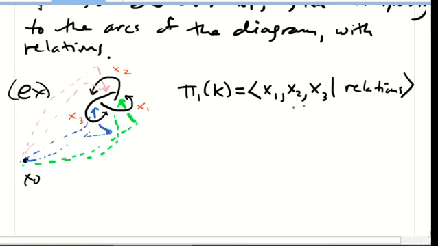I haven't gone over the generators and relations section yet, but basically this means that everything in this group is a sequence of these three symbols with their powers, positive and negative powers. And then there are some rules as to how I can make those words equivalent to one another, right? There are relations that correspond in this case to each crossing, but we don't need to worry about that.